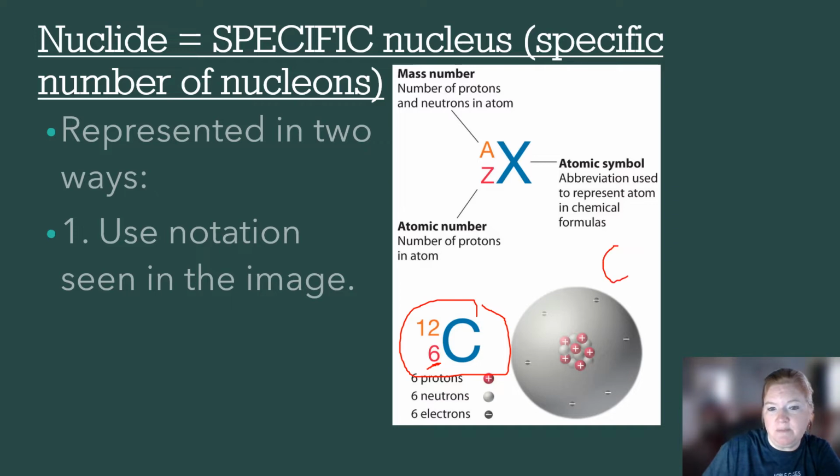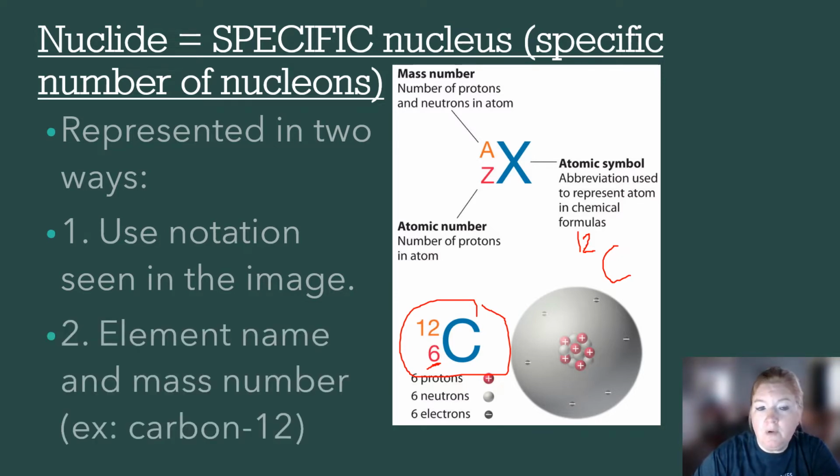So it could have just been written like this. And the reason is this number just comes from the periodic table, this 6. So I don't have to tell you it because you can look it up on the periodic table. Or we could write the element name with the mass number, because again, I don't need to tell you the atomic number because you just get that from the periodic table. So I could just say carbon 12.